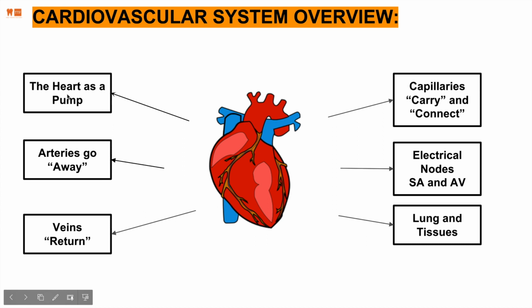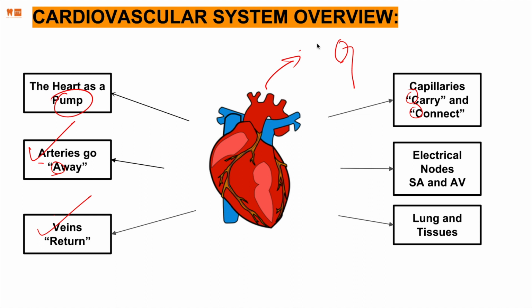Heart, generally, it's a pump, right? It pumps blood, with arteries taking the blood away. So A for arteries, A for away. Veins would return, like venous return. Capillaries will connect and carry, which means that when arteries take the blood to, say, for example, the kidney, the kidneys are provided the blood supply with arteries.